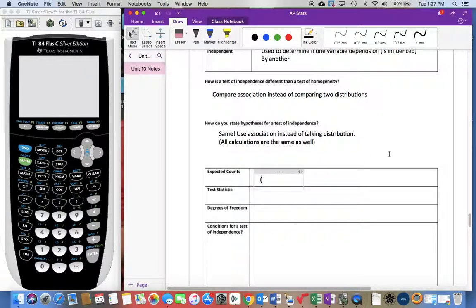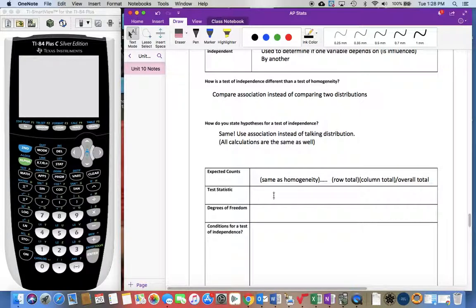Expected counts are the same as for homogeneity. If you do need that written out for you, you take row total multiplied by column total, and then divide by the overall total. So if that was something you needed to write down, there it is.